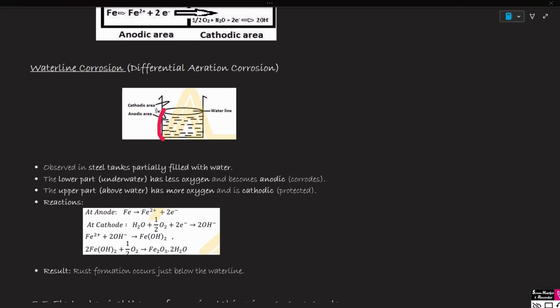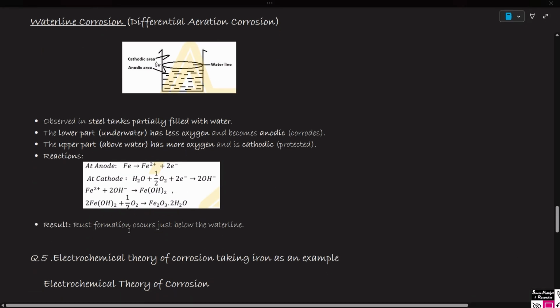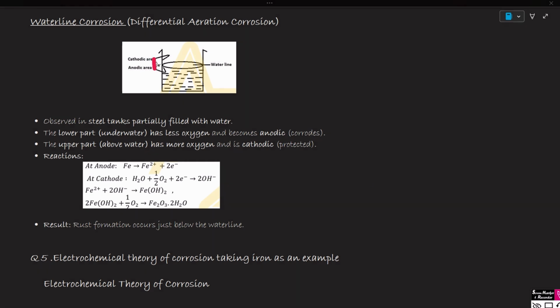The upper part above the water has more oxygen supply, becomes cathodic and gets protected. So you can write this reaction. The result is that rust formation occurs just below the water line, at the surface of the area which is underwater.